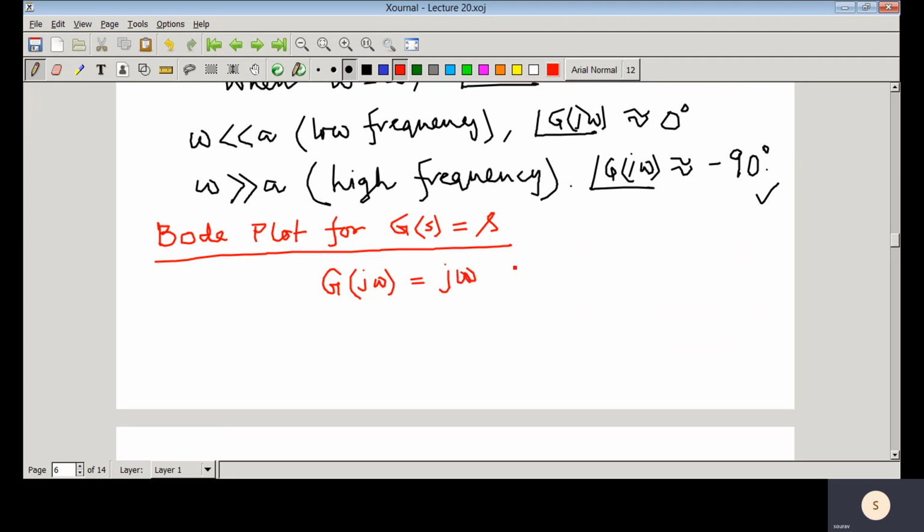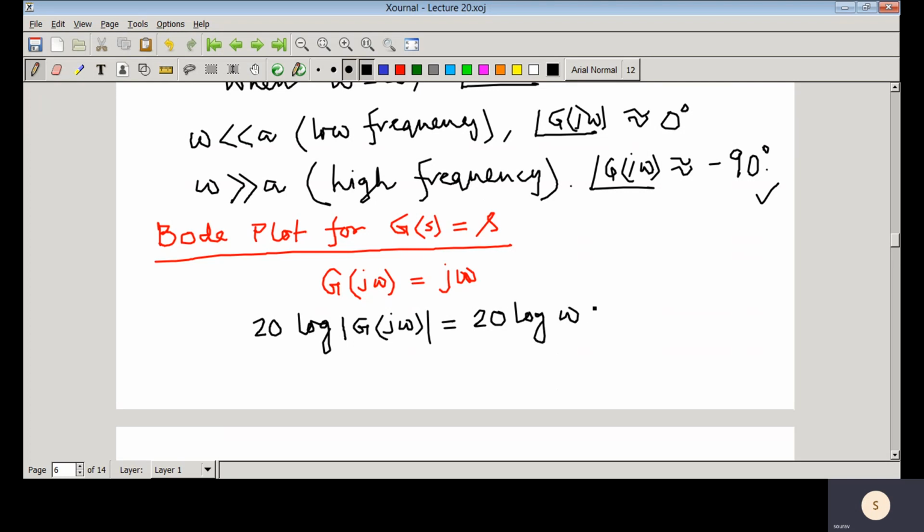Now if we take it in dB scale, we get 20 log of the magnitude of G(j omega), so it would be 20 log of omega.